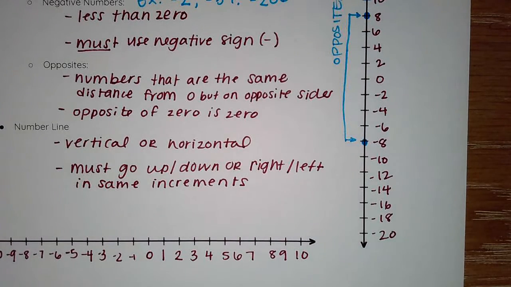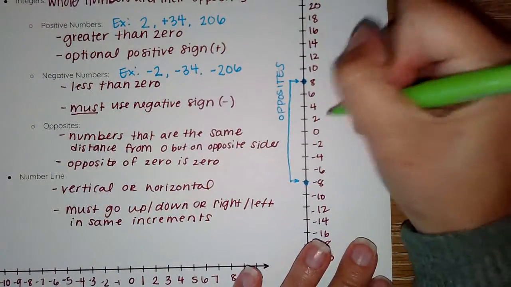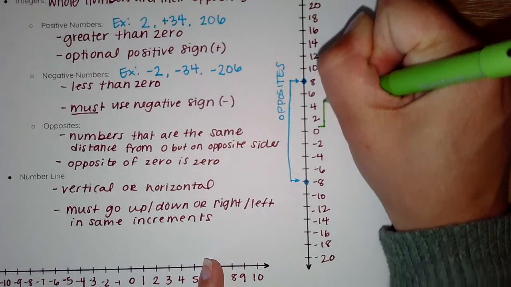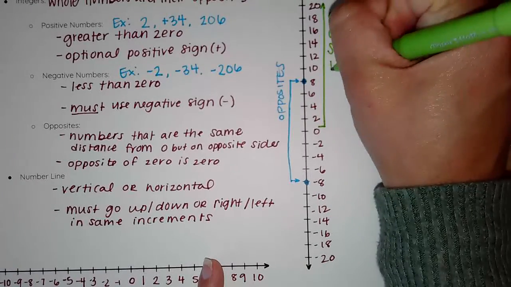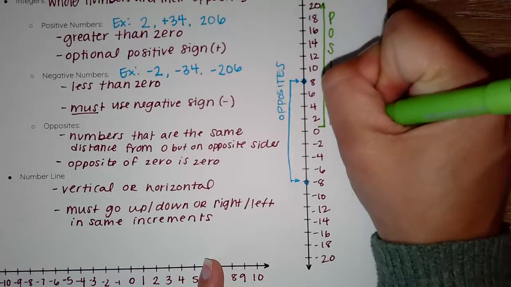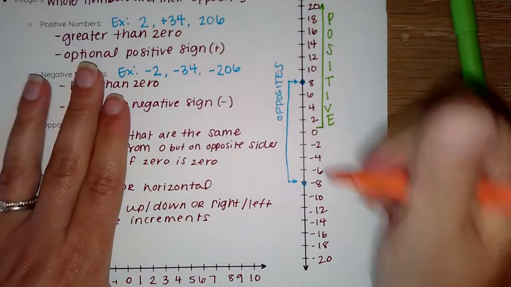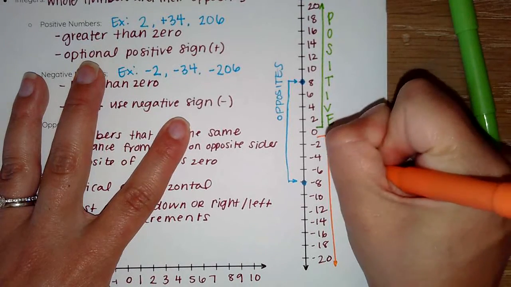Okay, so let's talk a little bit more about that number line. If we're using a vertical number line, everything above 0 is positive, while everything below 0 on a vertical number line is negative.